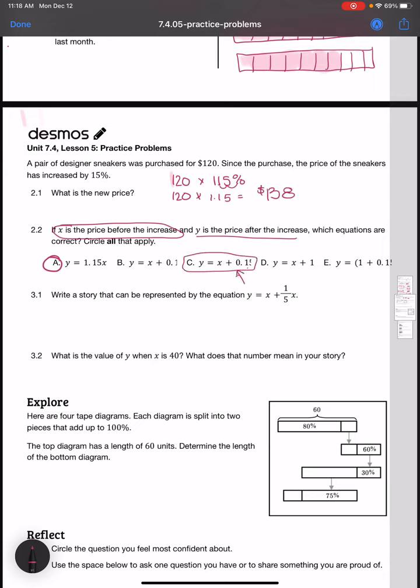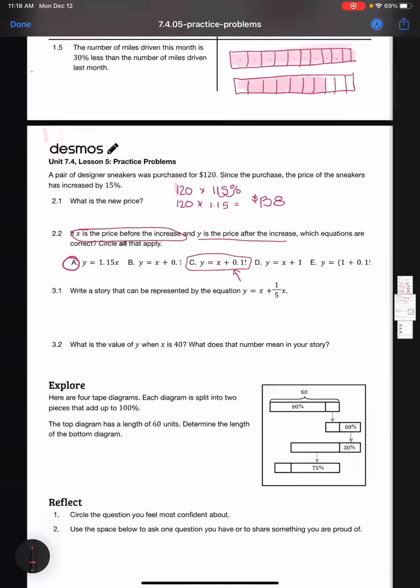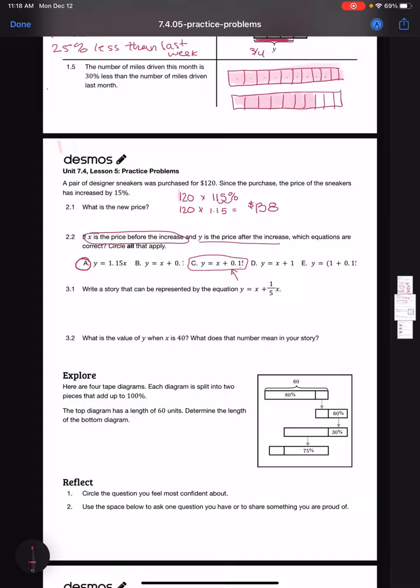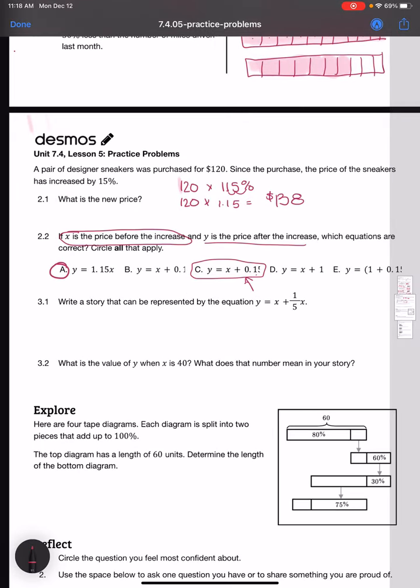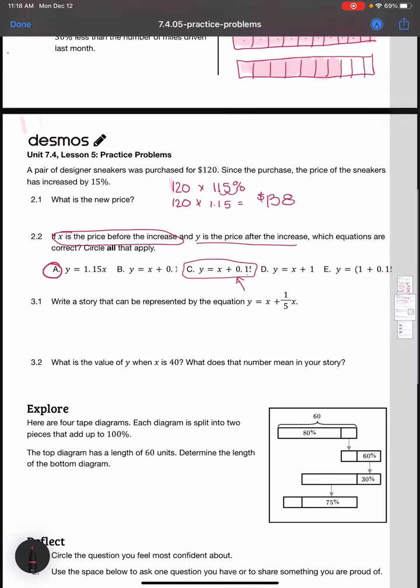I think it should say 1.15x. And then the last one also doesn't look like it translated well. Technically it should be A, C, and E, but for some reason they're not showing up correctly. Oh, it's okay. We'll come back to this one in class if we get stuck.